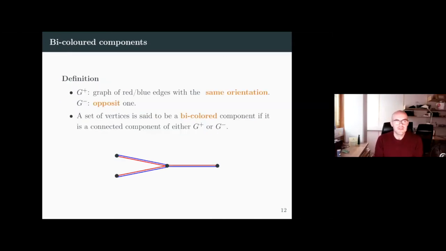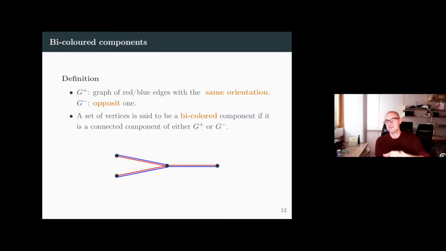So really what we have to understand is the sets of bicolored edges, so edges which appear in both BFS, basically. For that, we will define two graphs: the one I call G plus and the one I call G minus. G plus is the graph of all the edges which are blue and red. For the moment, I just stick to two colors.